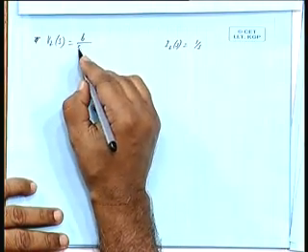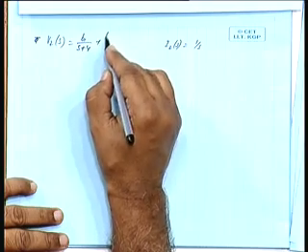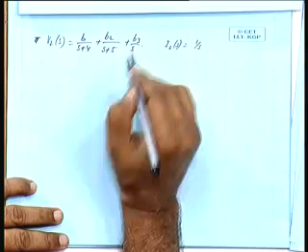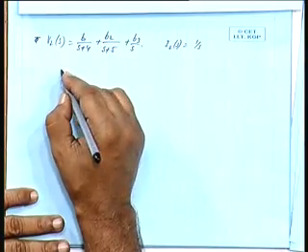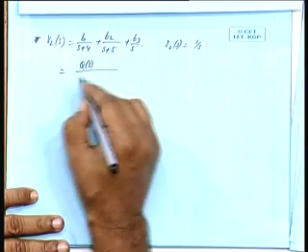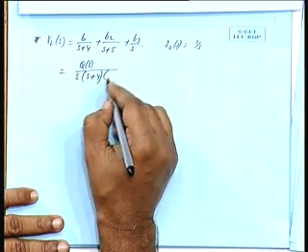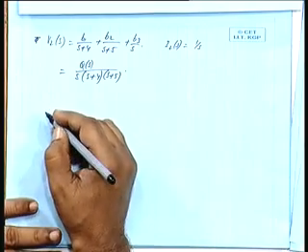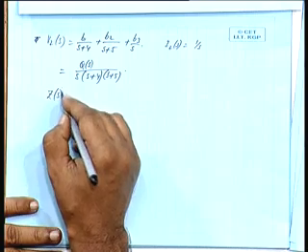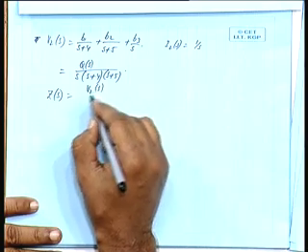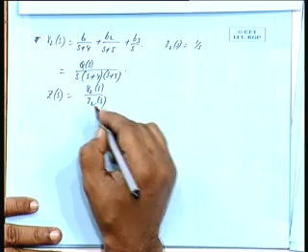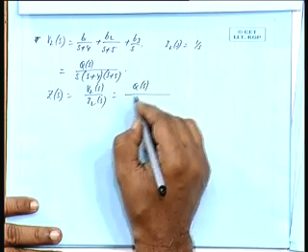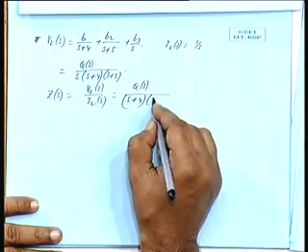B1 by S plus 4 plus B2 by S plus 5 plus B3 by S. So, it will be some Q(S) by S into S plus 4 into S plus 5. Okay. So, how much is Z(S)? V2(S) by I2(S), and that will give me some Q(S) by S plus 4 into S plus 5.